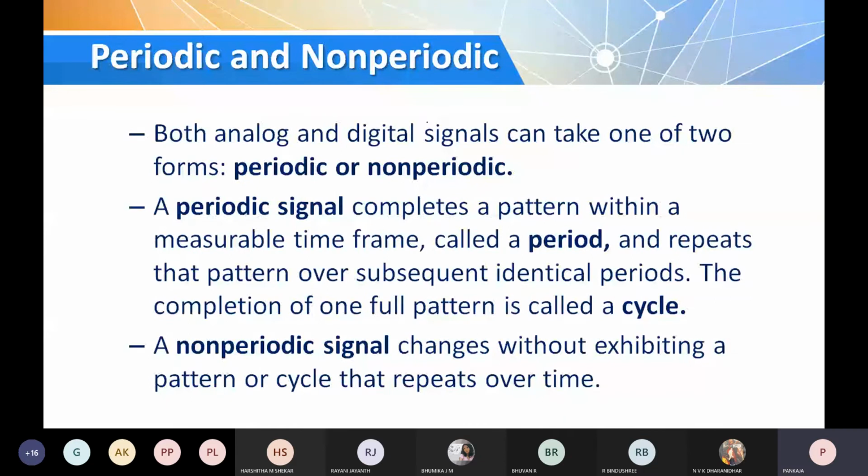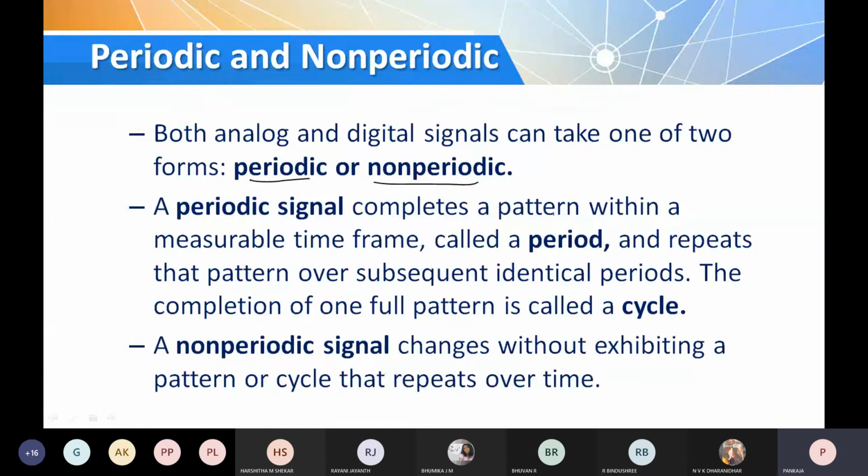Next we'll move on to periodic and non-periodic signals. What are periodic and non-periodic signals? Both analog and digital signals can take one of two forms, either periodic or non-periodic. What is the meaning of a periodic signal? A periodic signal completes a pattern within a measurable time frame.